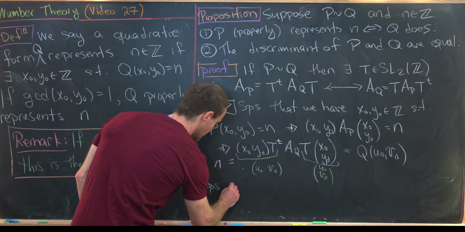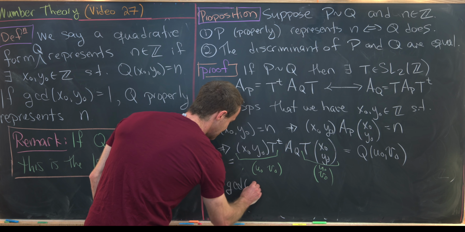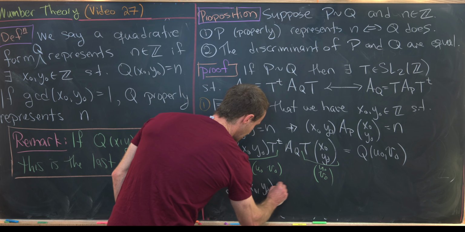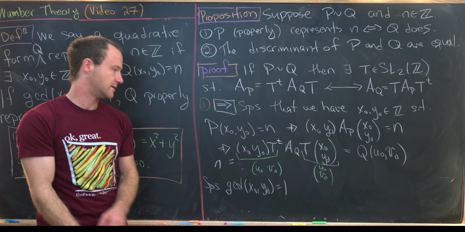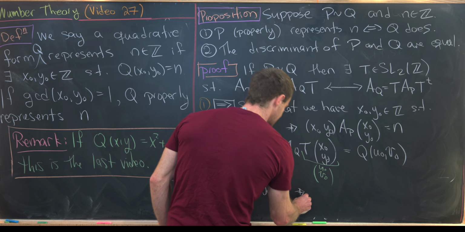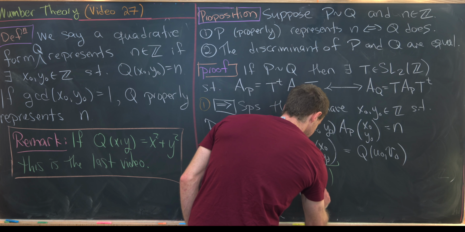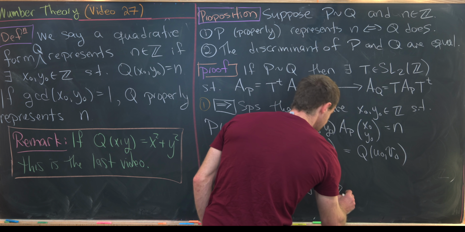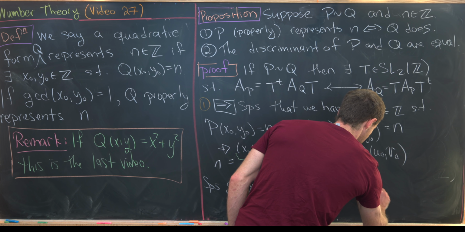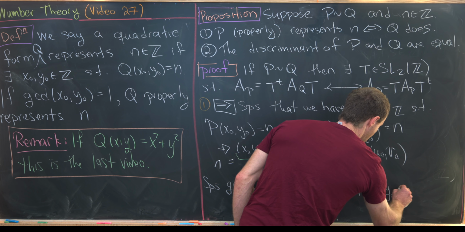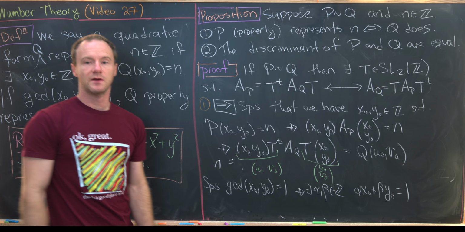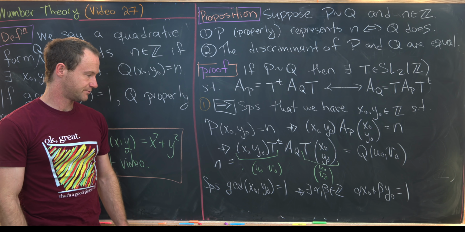So let's suppose that the GCD of x naught and y naught is equal to 1. Well, that tells us that there exist alpha and beta, which are integers, such that alpha x naught plus beta y naught is equal to 1 by Bézout's lemma.